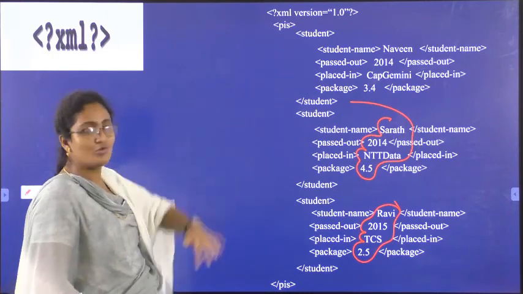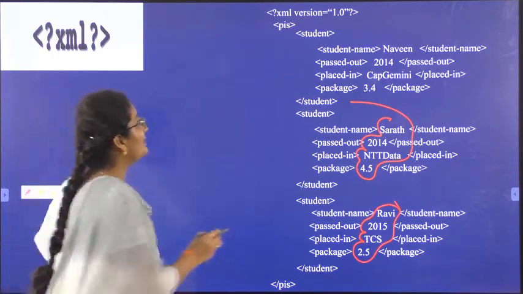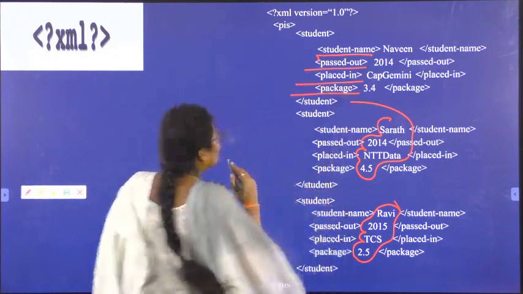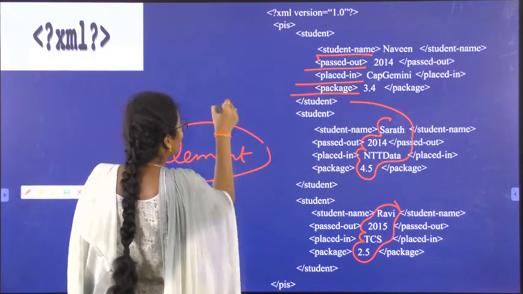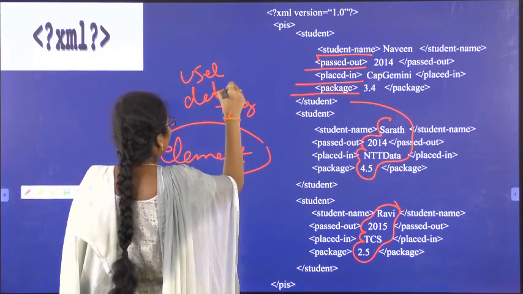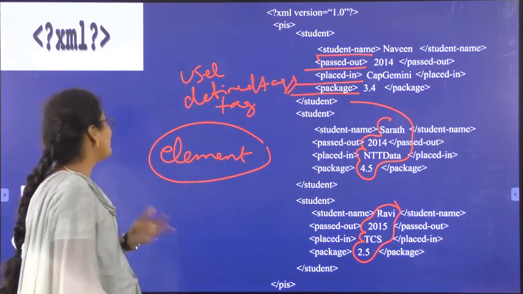Like that, however many students you have, whatever data we have, we can create. So what are the tags here? Student name, passed out, placed in, package. Whatever element you have, you can convert that element into a tag, nothing but user defined elements, user defined tags. So in XML we can create our own tags.